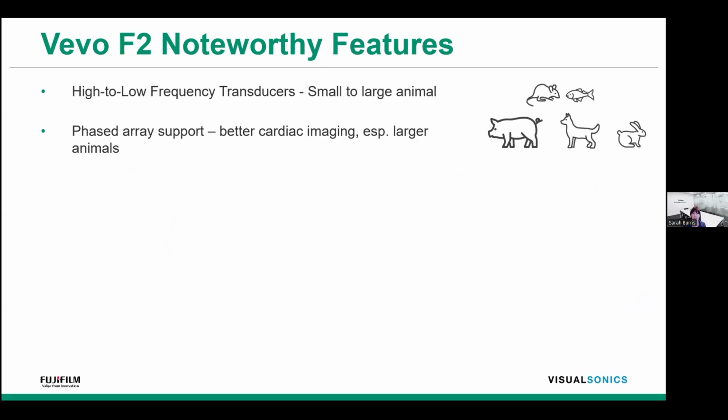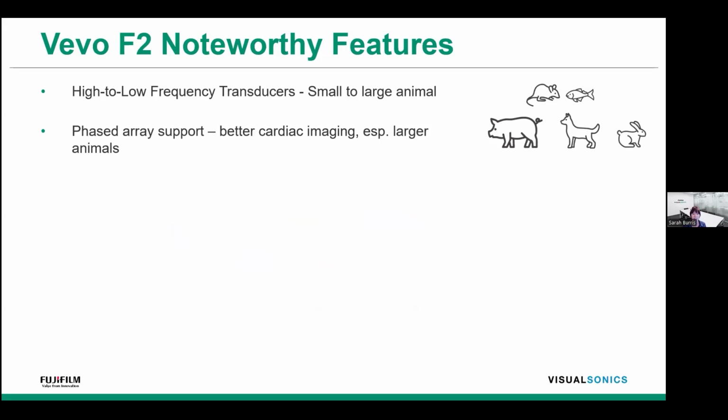Now, this system has several key features that distinguish it from our previous systems, in that the hardware on the Vevo F2 allows you to run both high and low frequency transducers, as high as 71 megahertz, as low as 1 megahertz, which ultimately enables you to image something like a heart in a 70 kilogram pig, as well as a heart in something as small as a zebrafish.